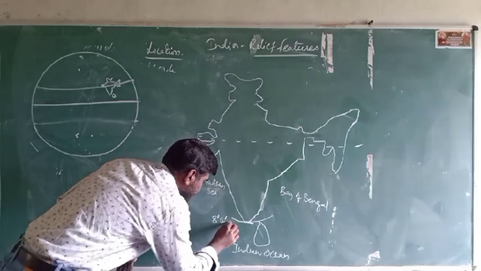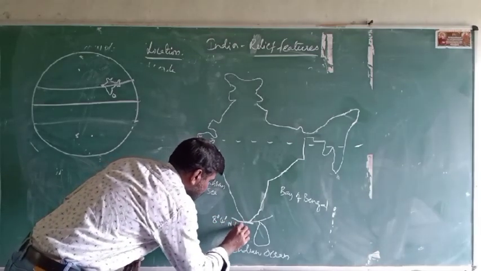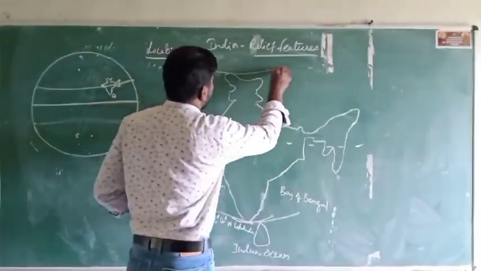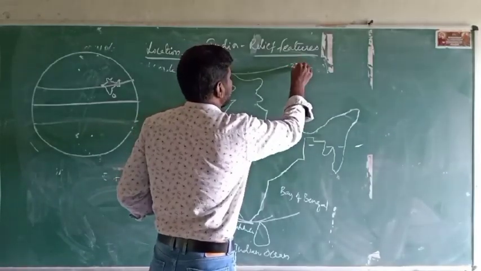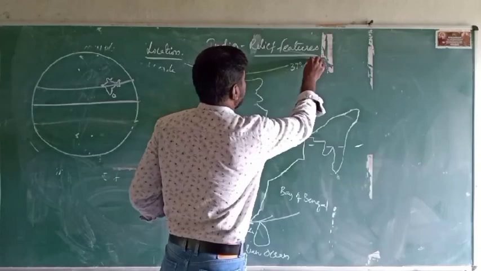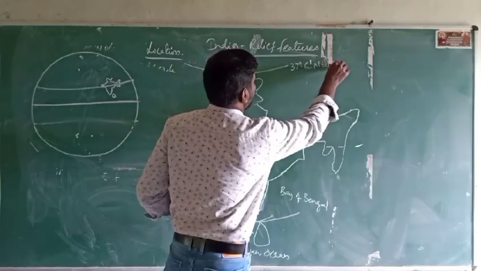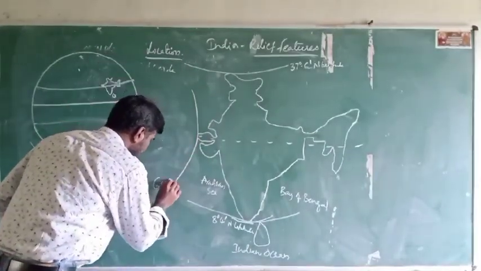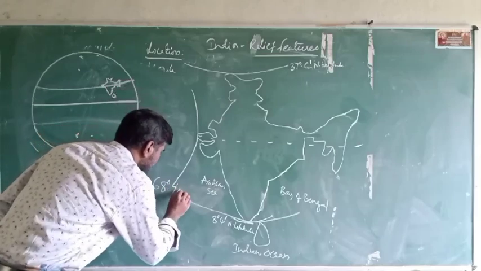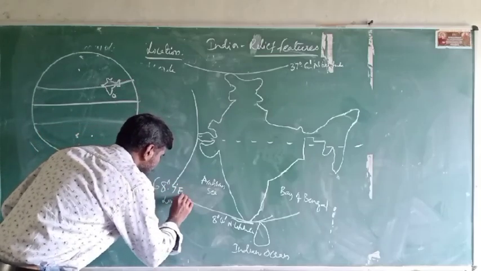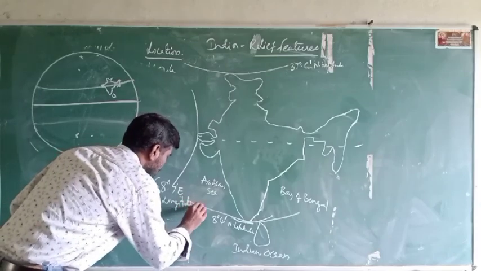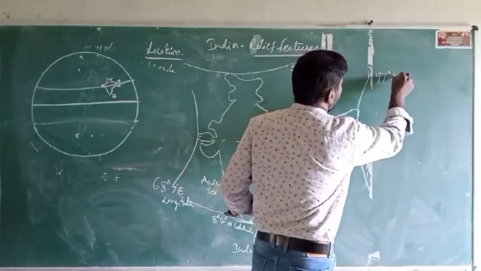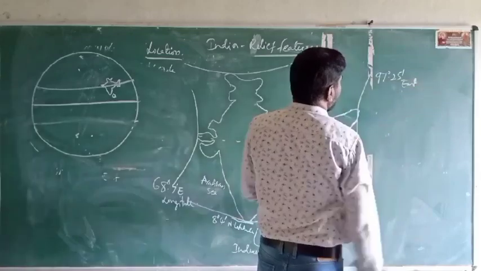8 degrees 4 minutes north latitude, 37 degrees 6 minutes north latitude, 68 degrees 7 minutes east longitude, 97 degrees 25 minutes east longitude.